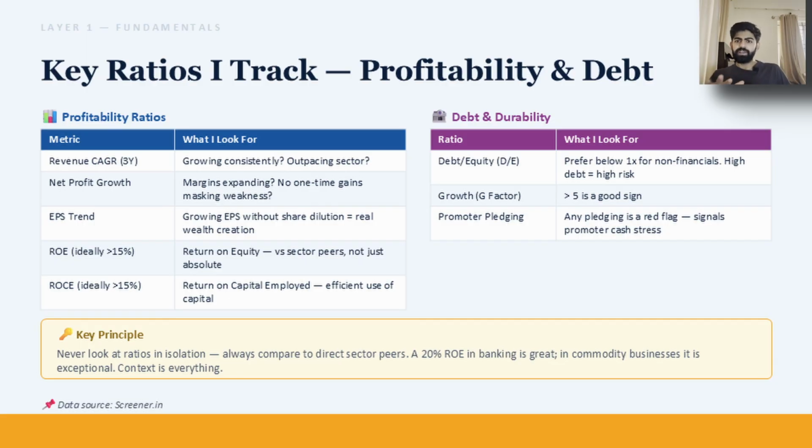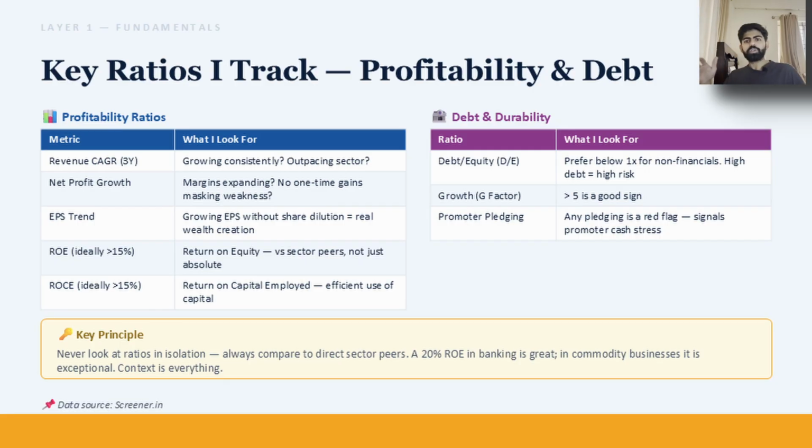And then finally, to understand the overall fundamentals of the company, we will be looking at the growth factor. The growth factor indicates the specific growth projections of the company. If the growth factor is greater than 5 or 6, it is generally a good signal.